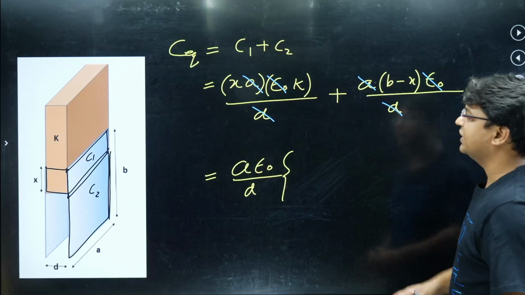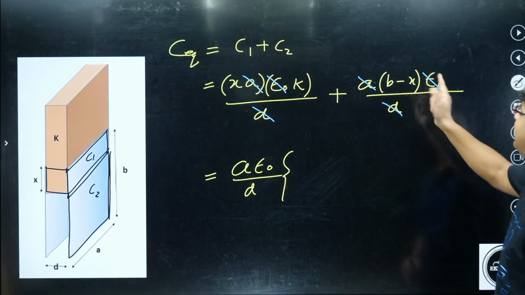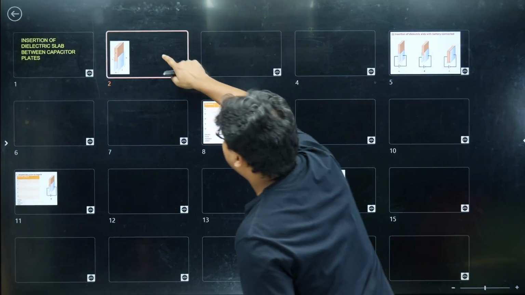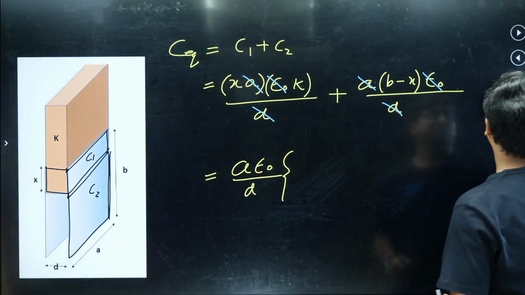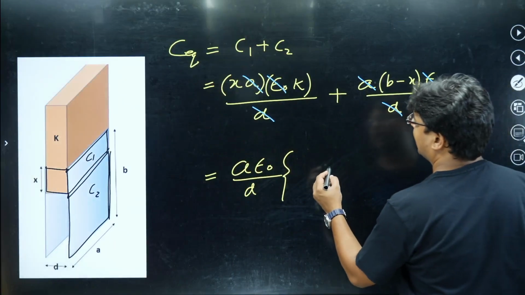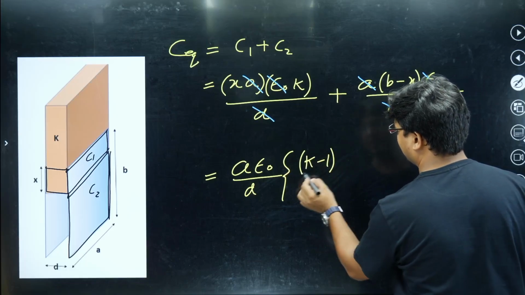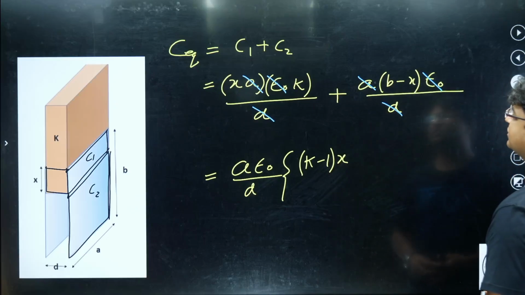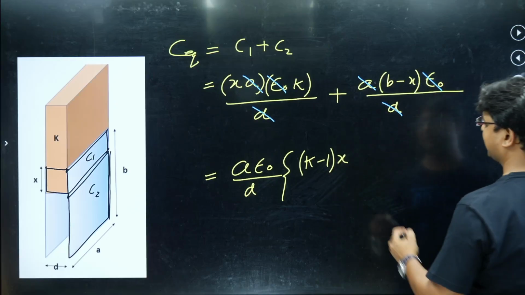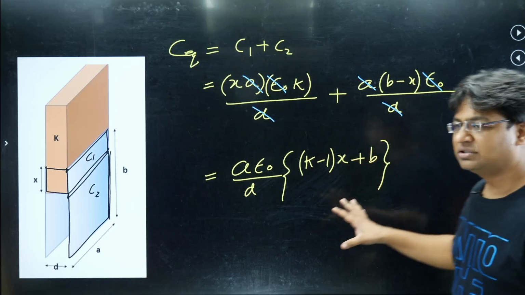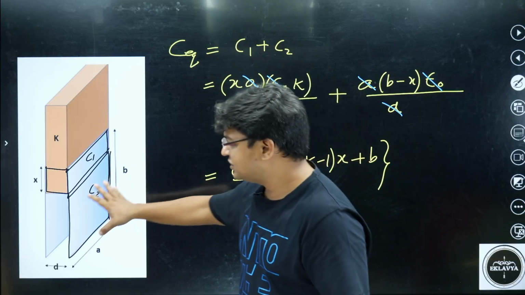Okay, now what is left here is Kx minus X. So we will write (K minus 1) into X, and here we will have a plus B. Okay, so this is the capacitance that we are getting. This is the equivalent capacitance in this position.